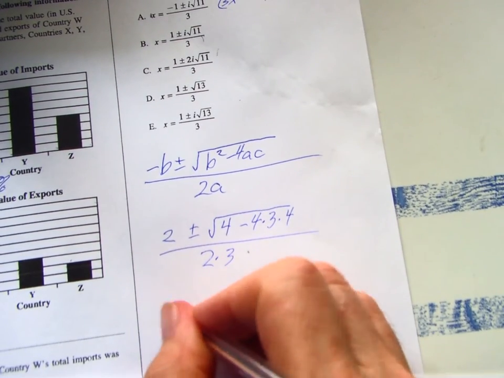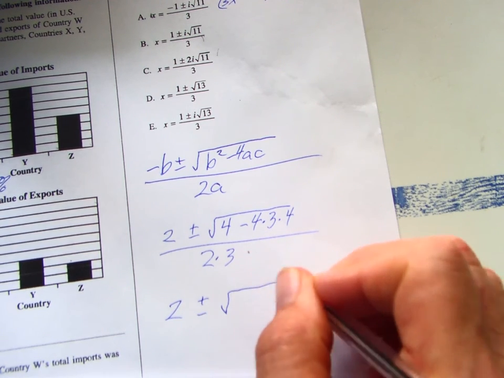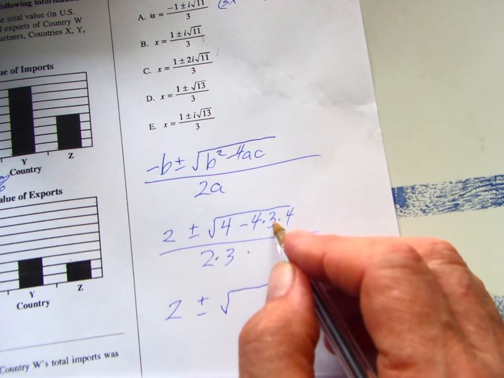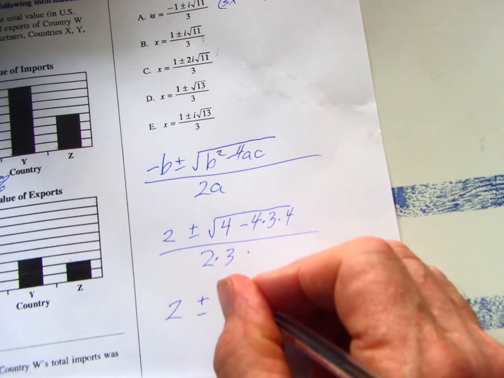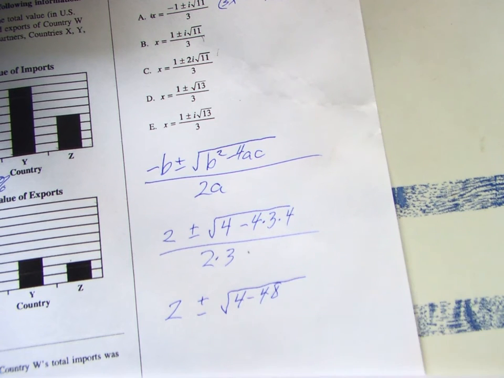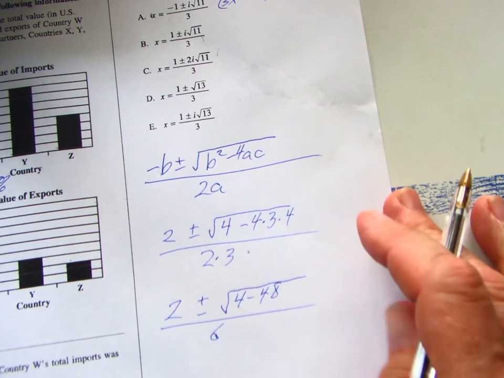So we got 2 plus or minus the square root of 4 minus this stuff. Now 4 times 3 is 12, times 4 is 48. 4 minus 48, well, that doesn't sound like fun, does it? Divided by 6, since 2 times 3 is 6.